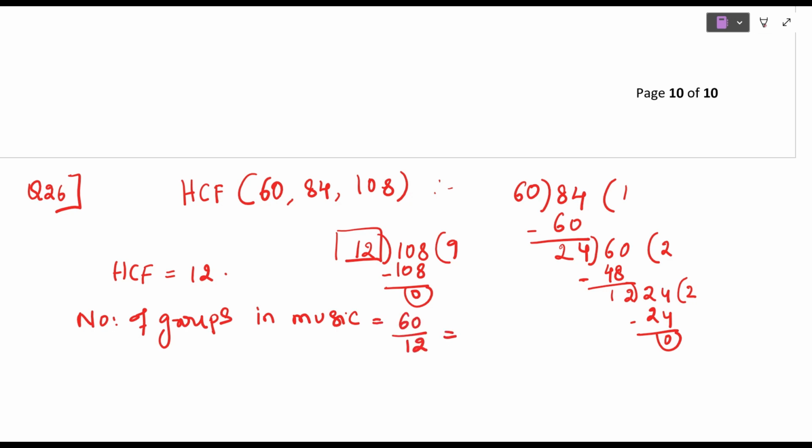How much will you get? 5. Okay. Next, number of groups in dance. This gives 84 by 12. That is equal to 7.